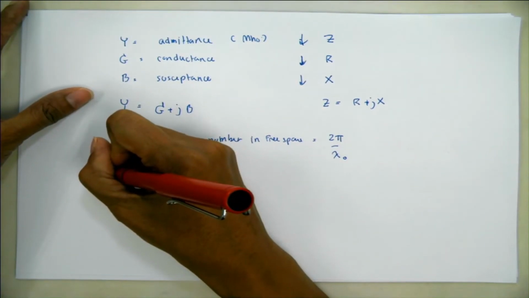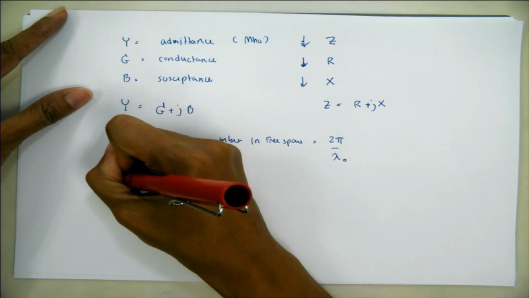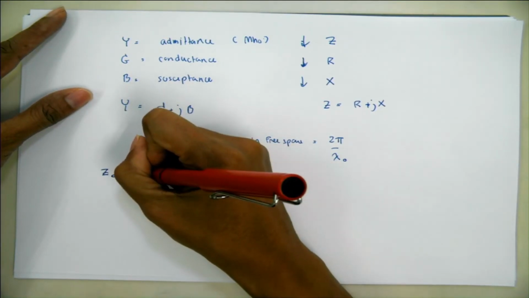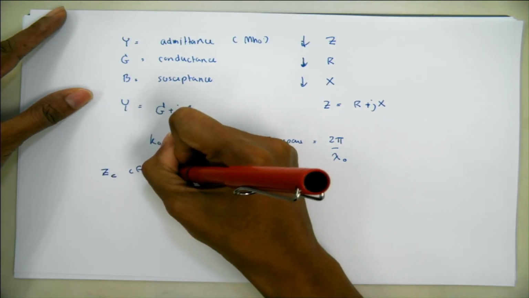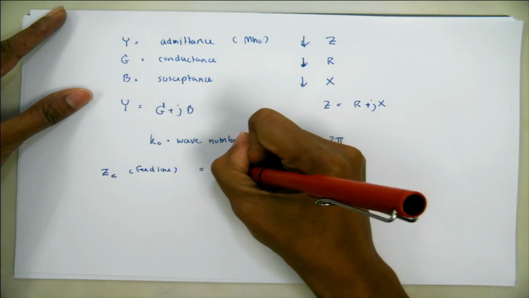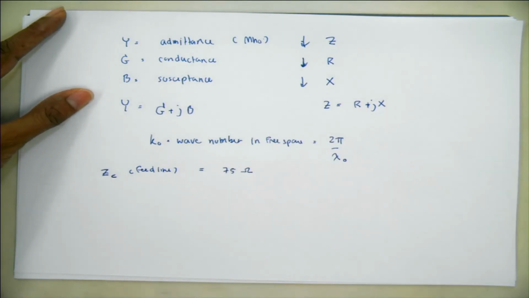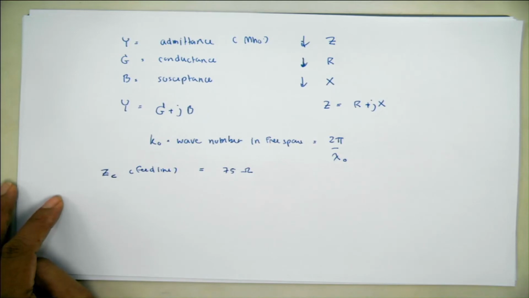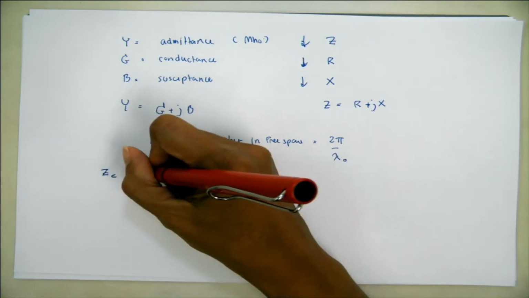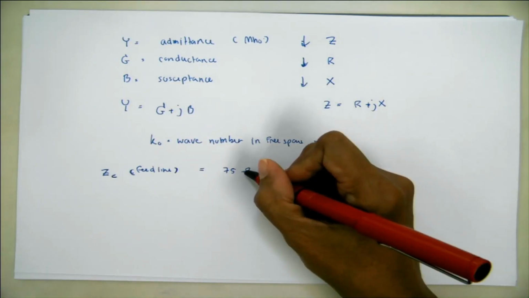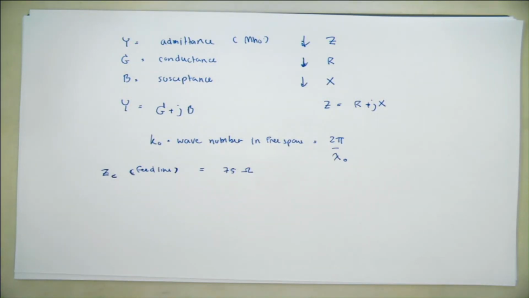So let's say, for example, I may ask you to match the characteristic impedance of the feed line. Let's say this is 75 ohms, the feed line. So this feed line characteristic impedance is 75 ohms, and we want to match it with our antenna.